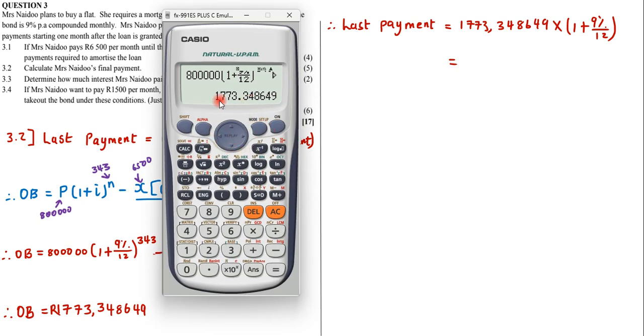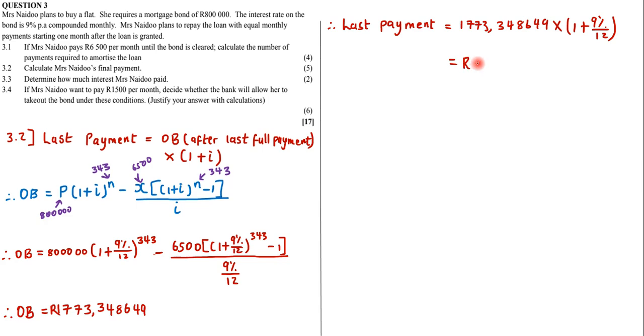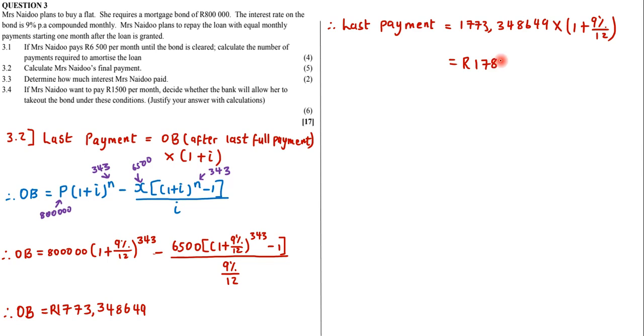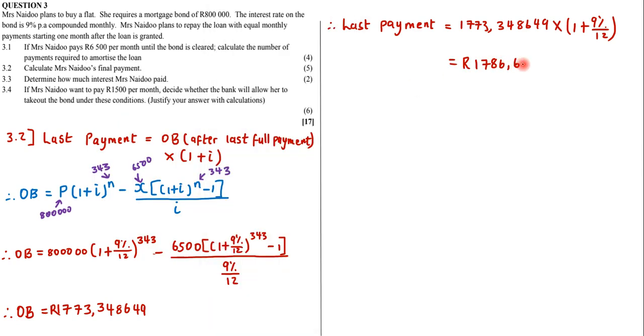Going back into our calculator, we multiply this with 1 plus 9% divided by 12, and that's the final answer. This is the last payment that Mrs. Naidu had to pay: 1,786 Rand 65 cents. So I can write this as the final answer like that, 65 cents.